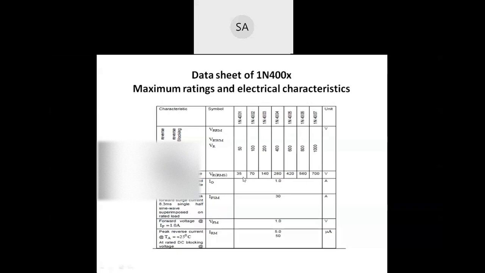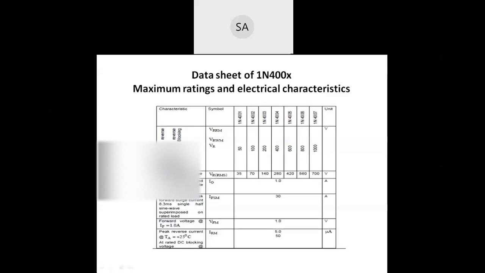So approximately it doubles as the series number increases: 35, 70, 140, 280. From 4004 to 4006 we get 560, and then 700. There are some variations, but up to IN4004 it doubles.